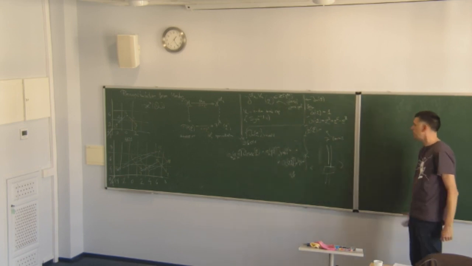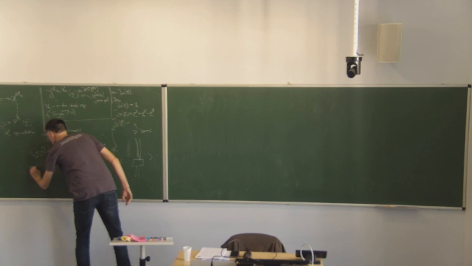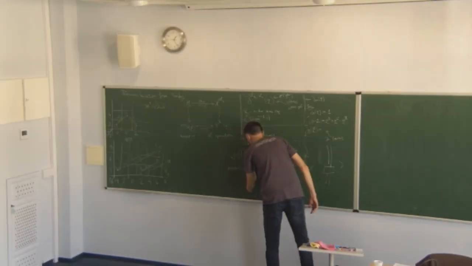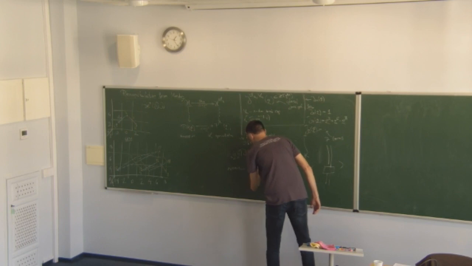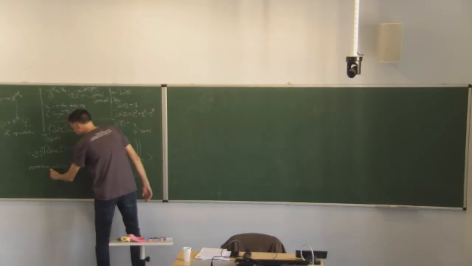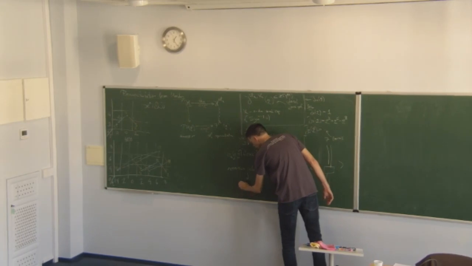You can write this as some finite difference, finite recursion relation. Usually it's called holonomicity. So basically, it exists for every knot.